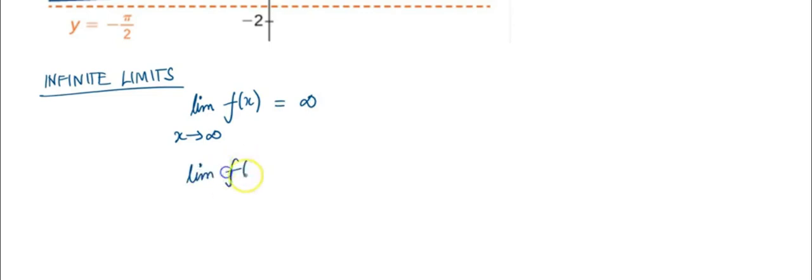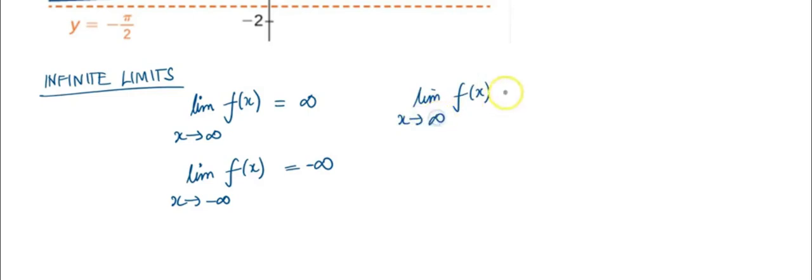And you can also have limit f of x as x approaches negative infinity produce positive or negative infinity, it doesn't matter. Likewise, you can have the other possibility of limit f of x as x approaches infinity producing negative infinity as the answer, and limit f of x as x approaches negative infinity producing positive infinity. So you have these four options.